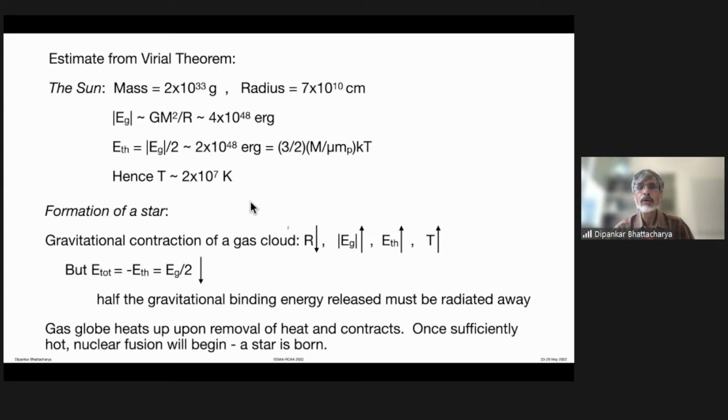But it is not as though all of the released gravitational energy went into thermal energy. Gravitational energy became more negative, so some energy was released, but the total energy is Eg minus E thermal, which is Eg over 2, and it keeps going down.